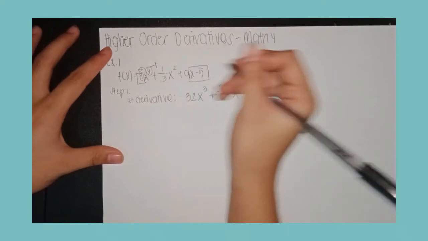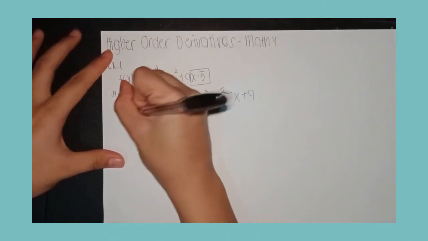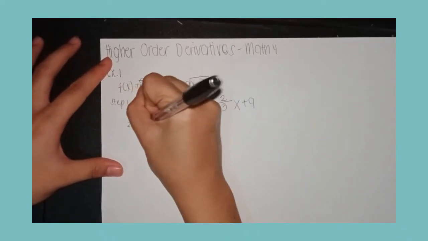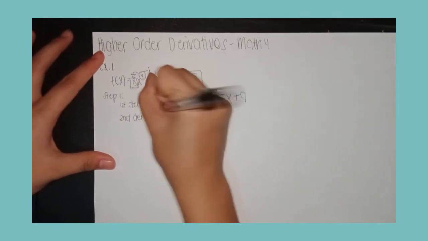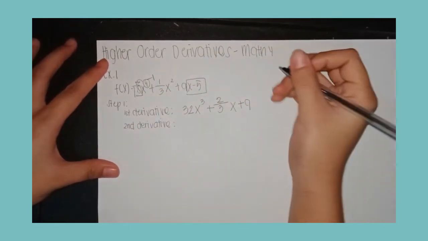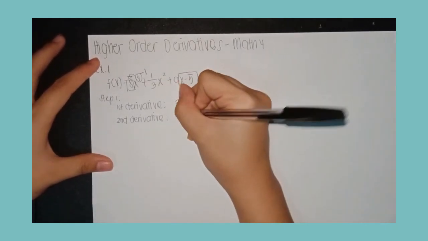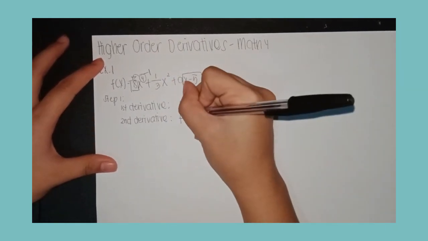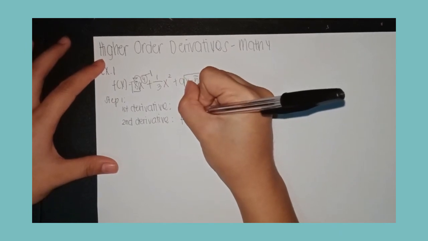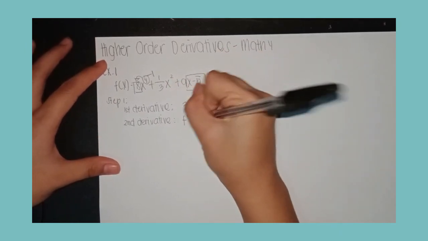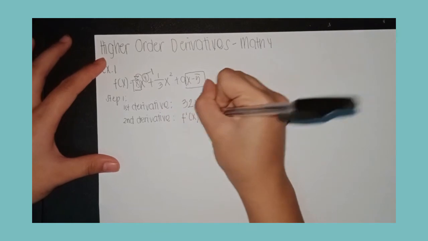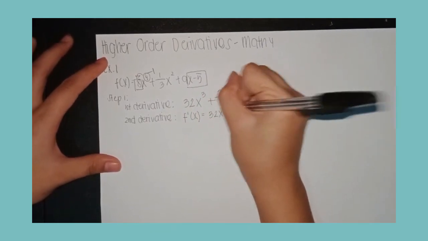Then, repeat the process to get the second derivative. To show the number of derivative, you have to put f, then one line for the first derivative, then x, and copy.